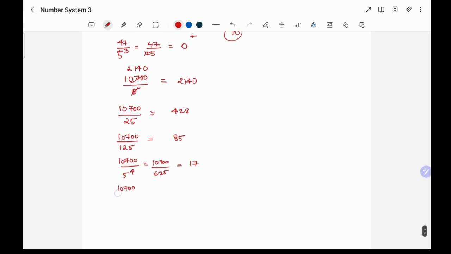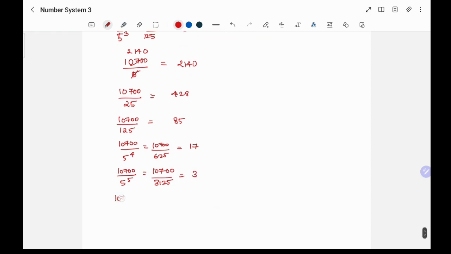Next is 5 power 5, which is 3125. So 10700 divided by 3125 gives 3. Again 5 power 6, using a calculator, is 15625.